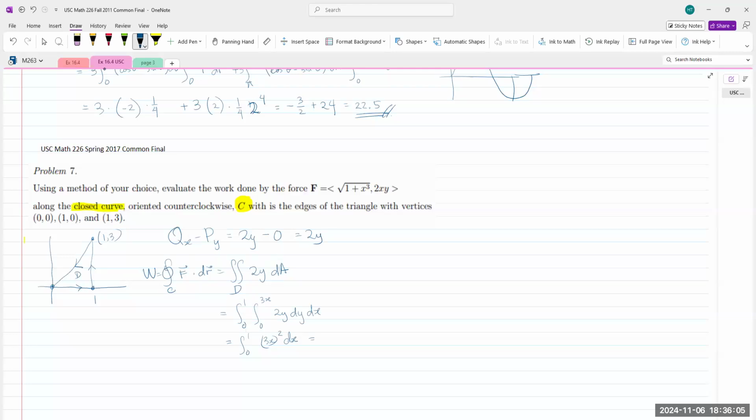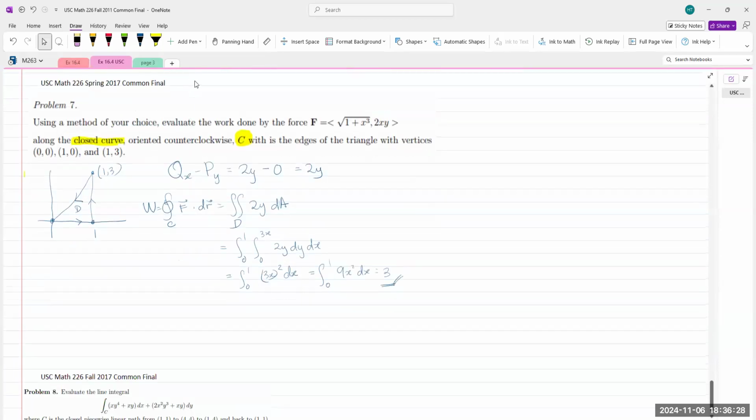If I integrate that, let me just do it slowly: 0 to 1, 9x squared dx. That's 9 over 3, that's 3. Yeah, because it's 0 to 1, the integral 0 to 1 of a polynomial, just the coefficient. That's problem 7.